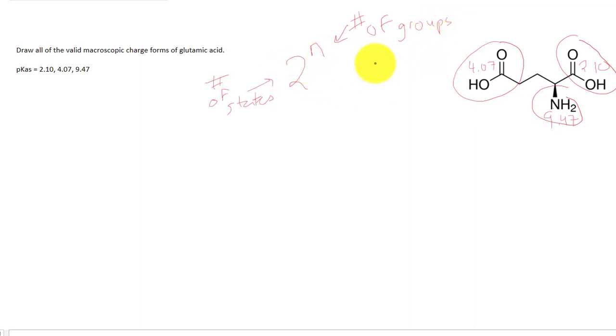So glutamic acid has 3 groups, so this would be 2 to the 3rd, 8 possible charged forms. And so this is asking for all of the macroscopic charged forms. And so we need to figure out which ones those are.